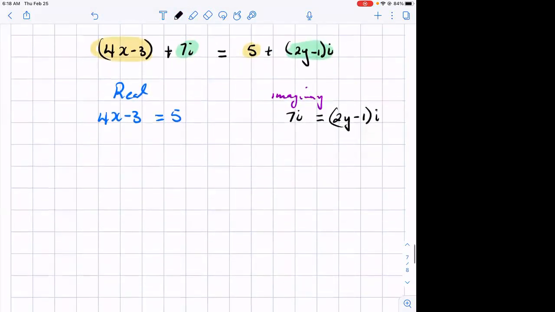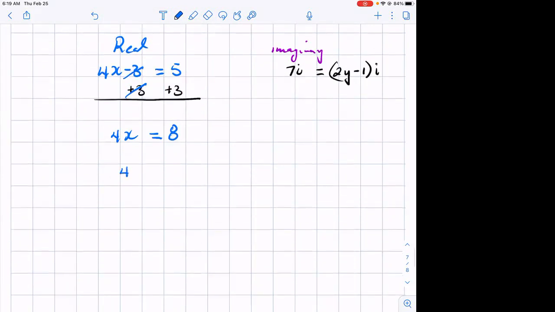And now we can solve for x and y. So we'll start out by adding 3 to both sides. And if we do this, we have 4x, the minus 3 and the plus 3 cancel out, and 5 plus 3 is 8.